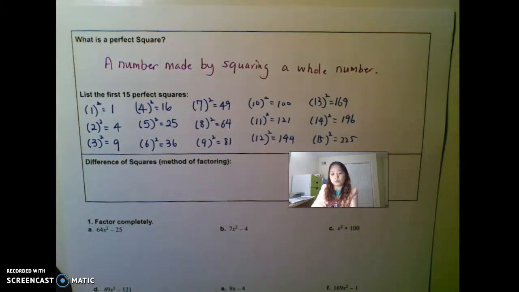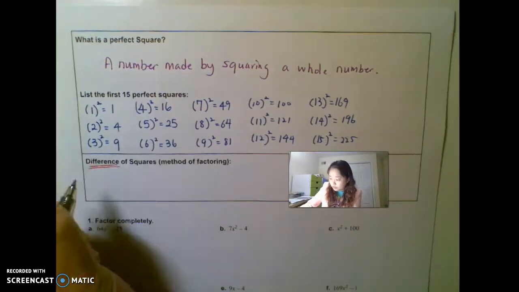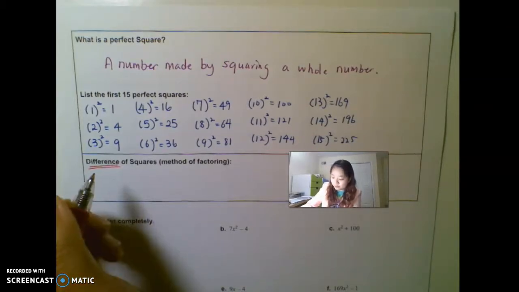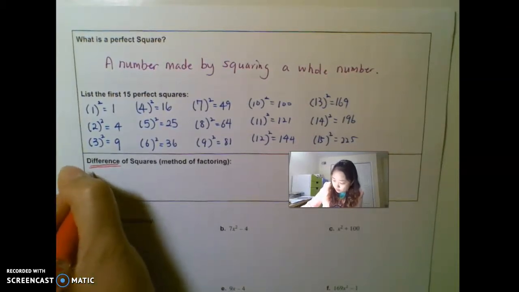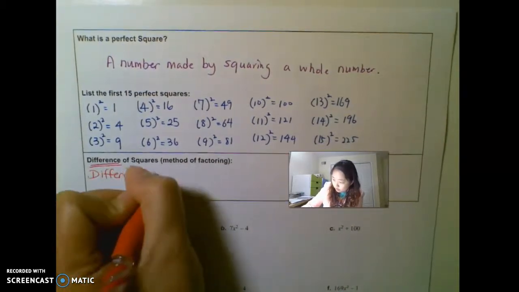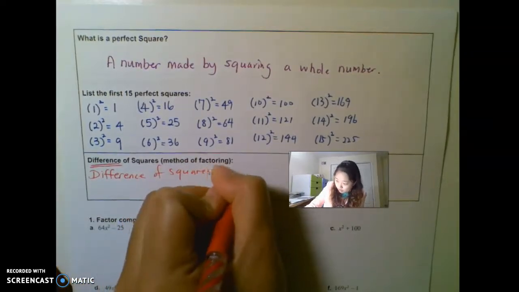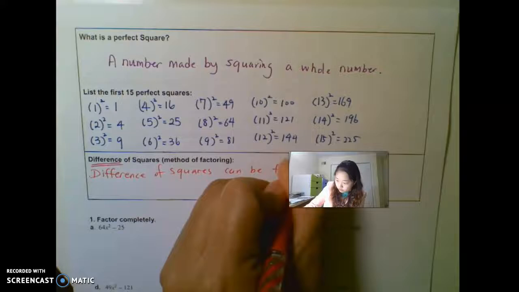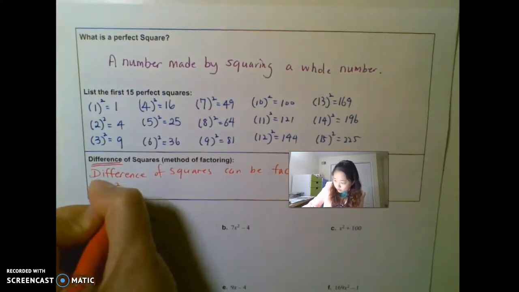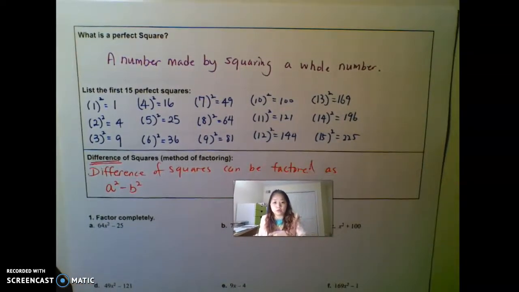So difference of squares, well, it says it right there. It has to be a difference of 2 squares. So a difference of squares can be factored as follows: you get a perfect square, some number a squared, and b squared, some number squared.